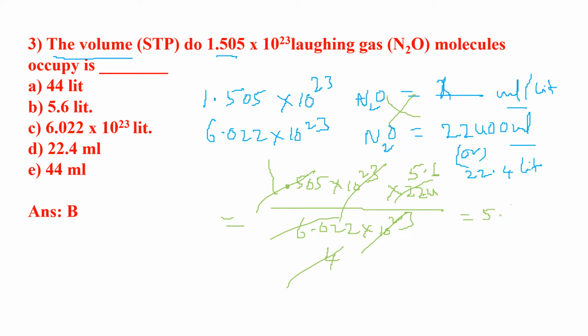Answer is 5.6 liters. This is in liters, so you calculate in liters, and molecules are taken in molecules only. That's the relation: given number of molecules divided by Avogadro number into 22.4 liters.